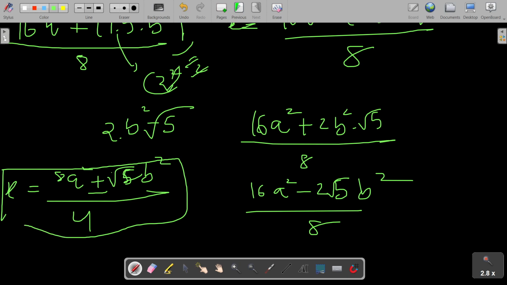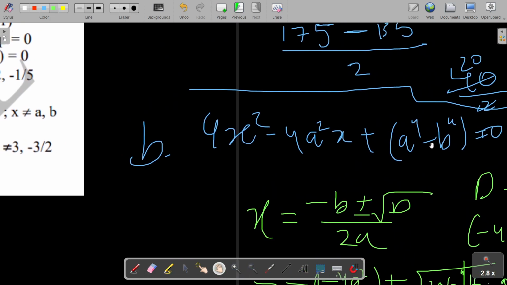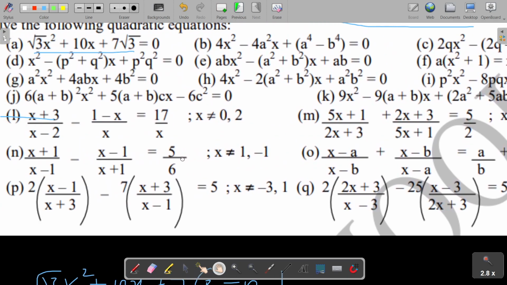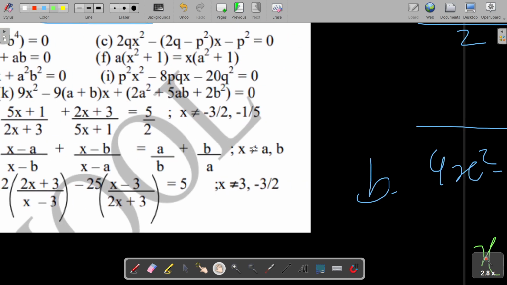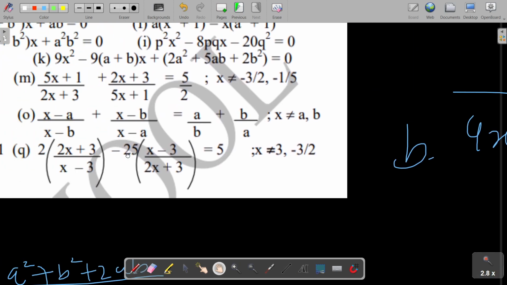So these are the two solutions for this quadratic equation. This is an expression, not any numbers. You can plug in numbers here also. You can take a and b values, put in any random values in this equation, and this equation becomes true.